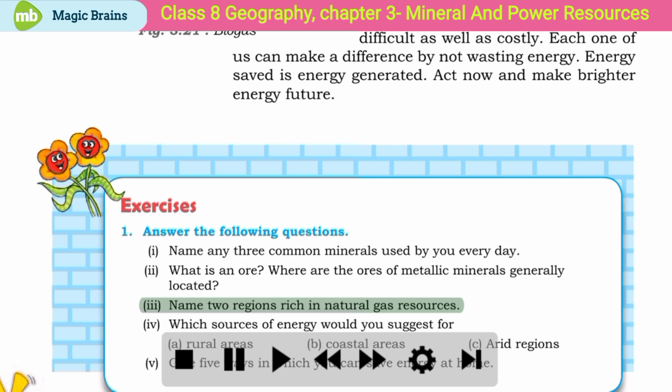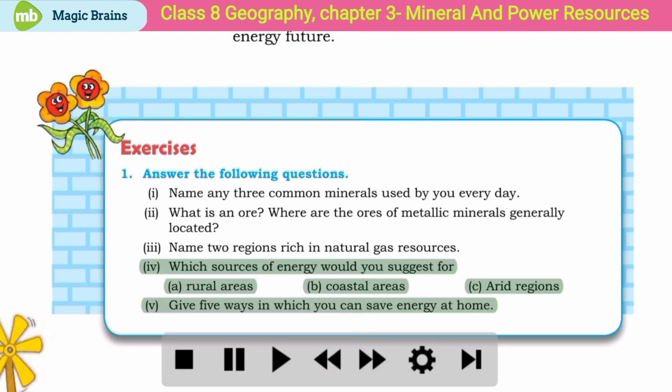Name 2 regions rich in natural gas resources. Number 4. Which sources of energy would you suggest for A. Rural areas. B. Coastal areas. C. Arid regions. Number 5. Give 5 ways in which you can save energy at home.